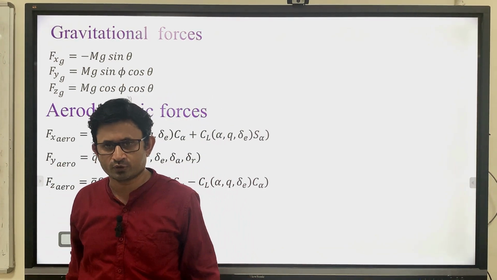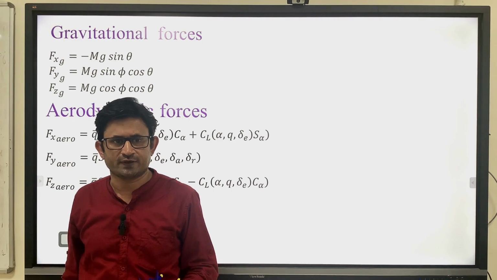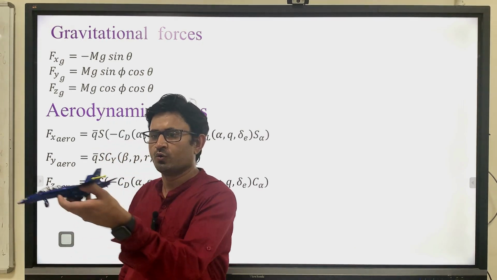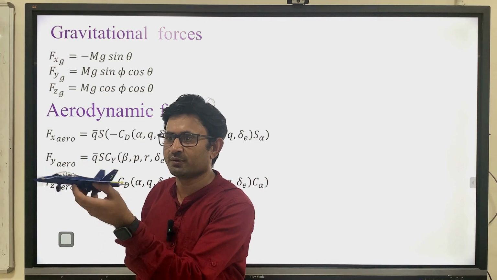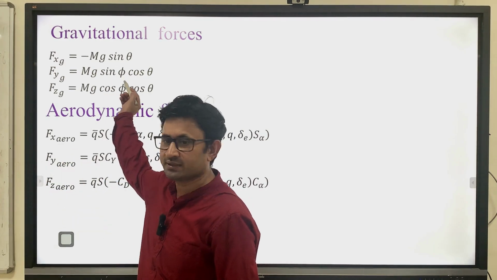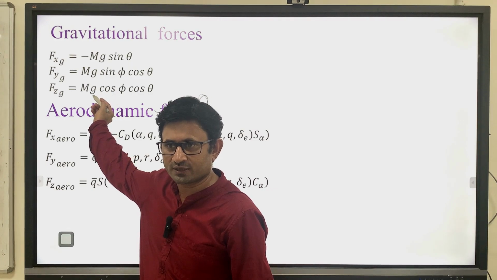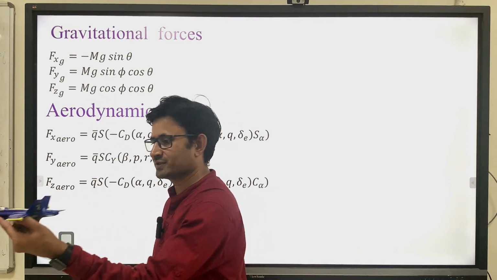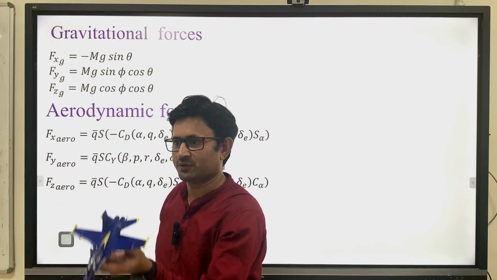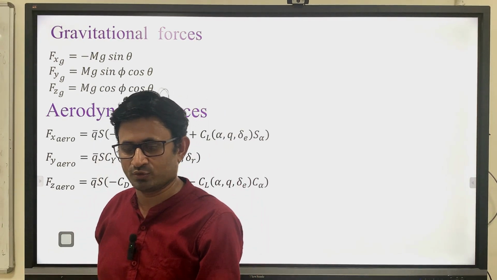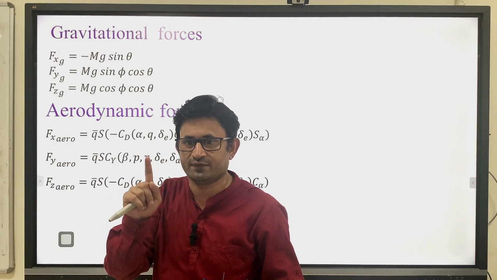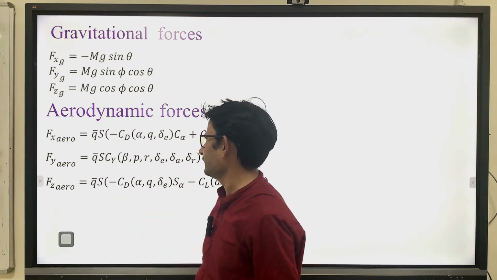But since you are giving the rotation, you can see one more interesting fact: whatever you rotate, psi does not matter for gravity. That is why psi does not appear here, because whether you rotate in this direction or that direction, weight is weight, acting downward, right? So it depends on two rotations, theta and phi, not psi. Physically you can have a feel.